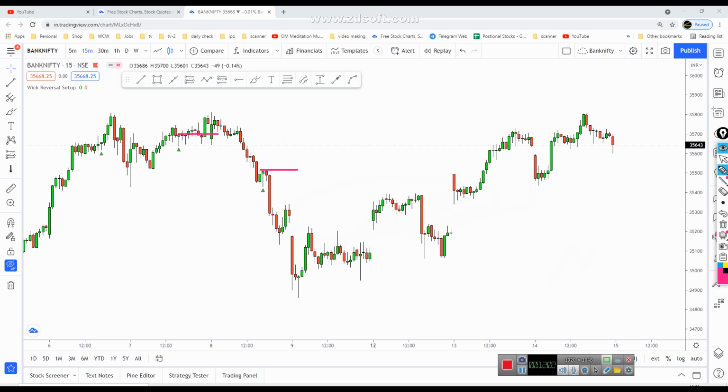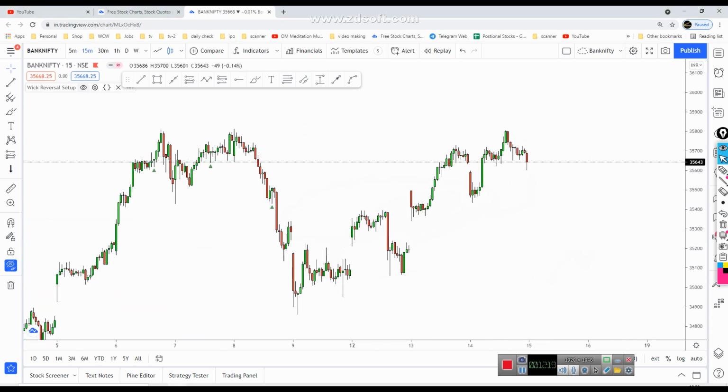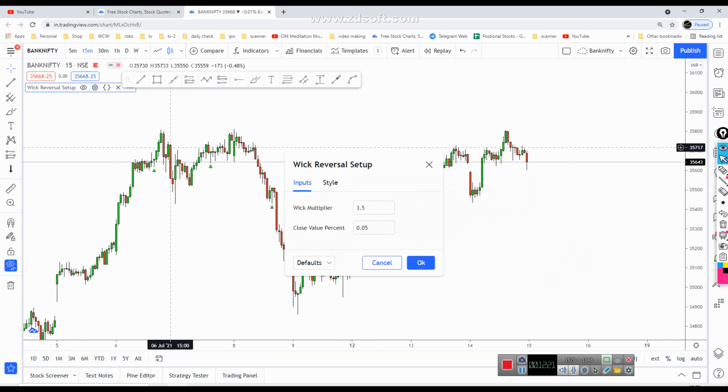Here the high has broken, it went a very little bit upwards, and then it saw the downward journey again. So you should have proper risk-reward management and money management. This setup will identify sharp reversals, and it can be applied on any instrument, not only Bank Nifty.